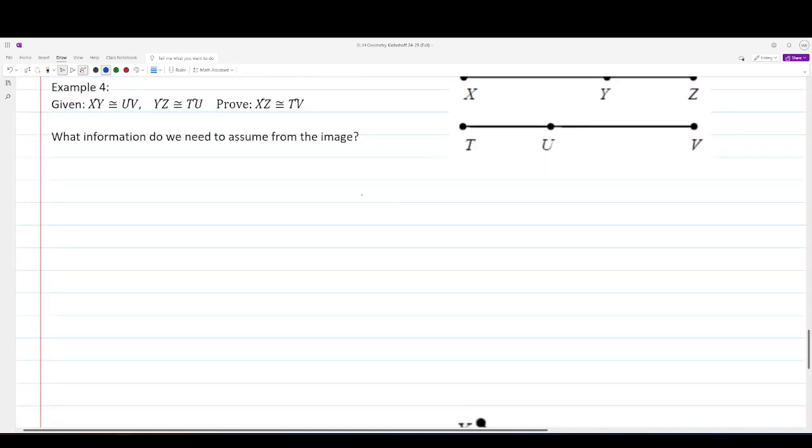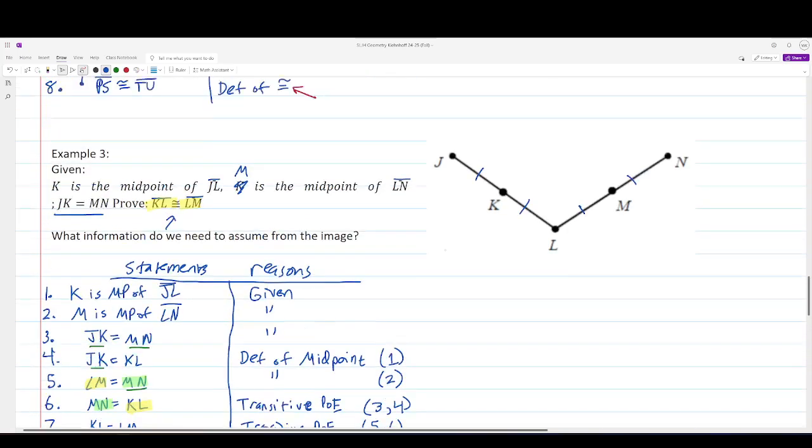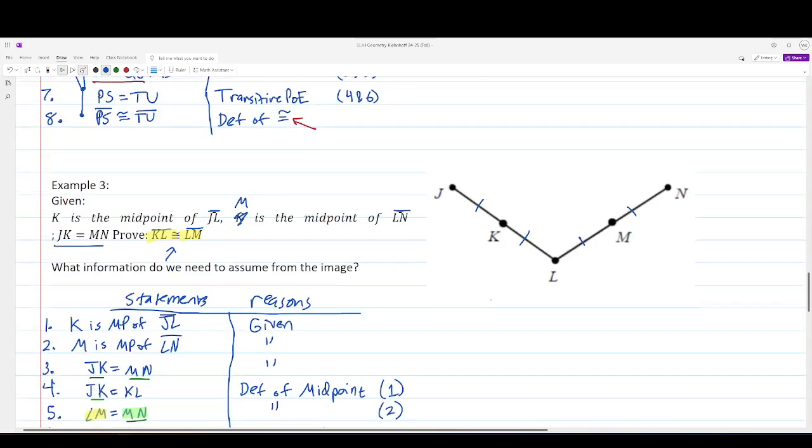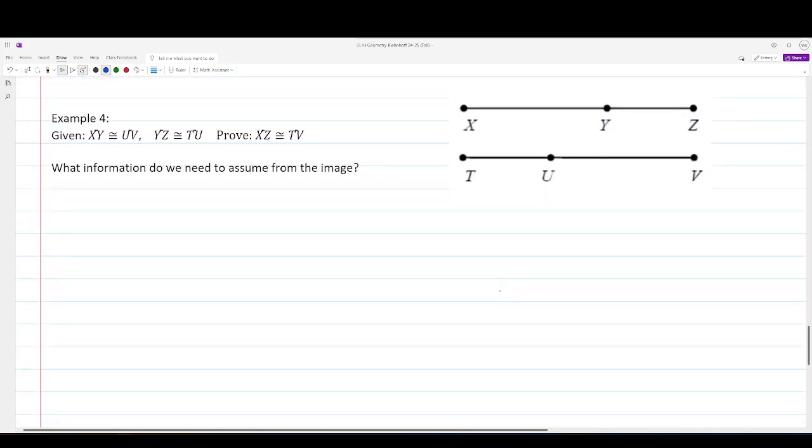Number 4 is really, really similar, but a different picture to number 2. There's 2 segments. Well, let's do the drawing part, and then I'm probably not going to write the actual proof. So XY is congruent to UV, so that gets 1 dash. YZ is congruent to TU, so that gets 2 dashes.